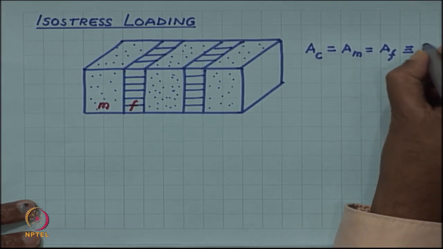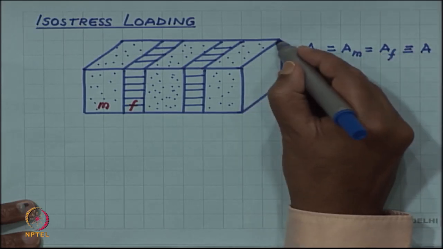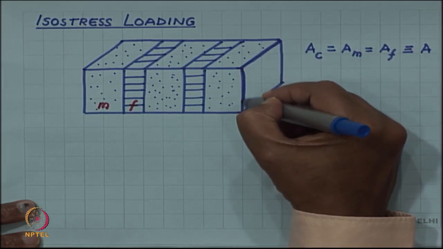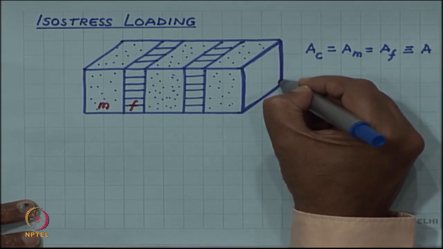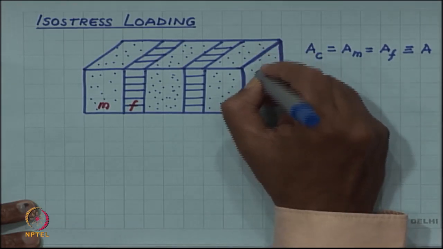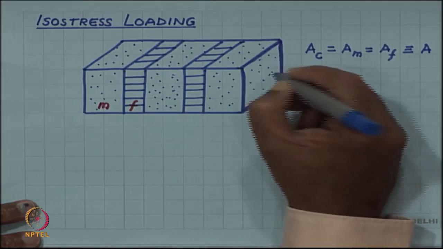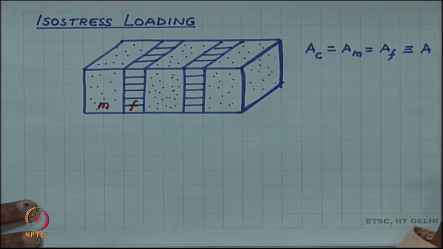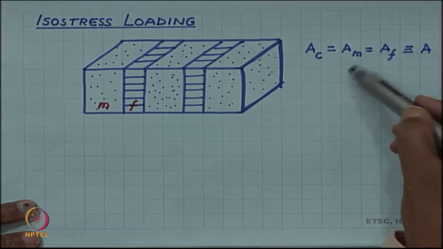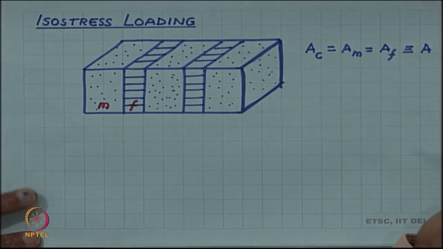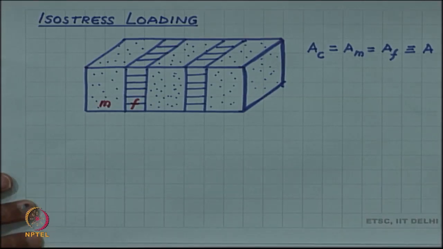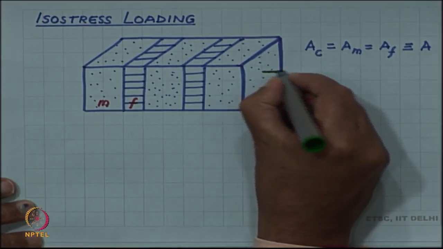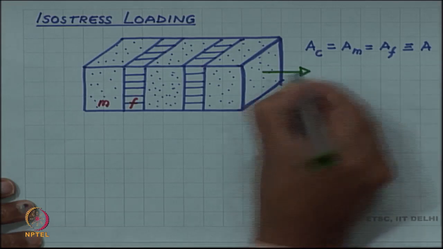So, let us call that A. This is the area for matrix, fiber as well as composite, and this is the area on which we will put the load.